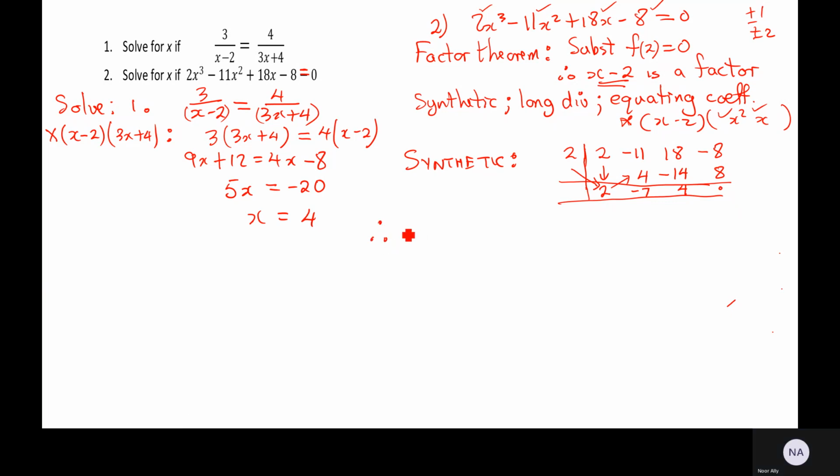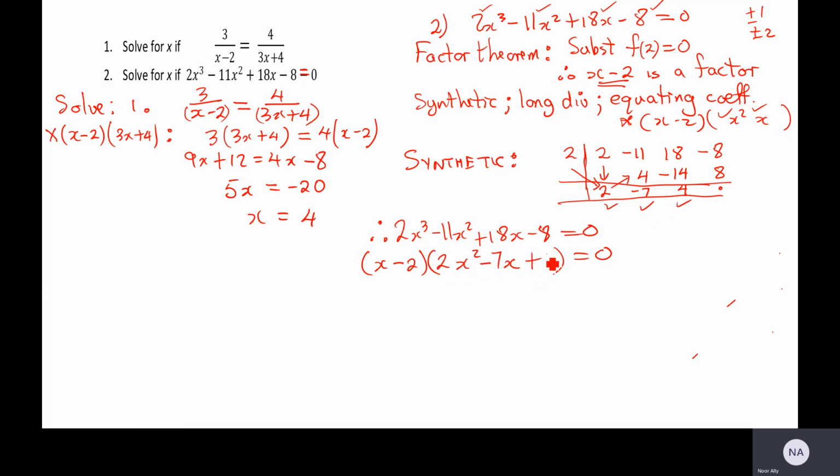Therefore, 2x cubed minus 11x squared plus 18x minus 8 equal to 0 can be factorized to x minus 2, and then the trinomial, x squared and x, there are your 3 values: 2x squared minus 7x plus 4 equal to 0.